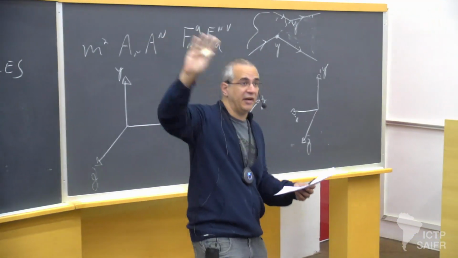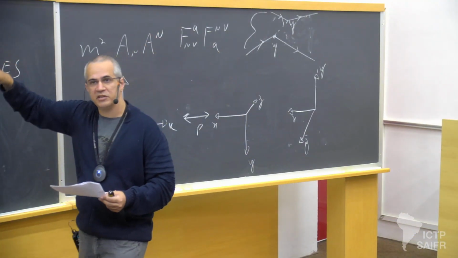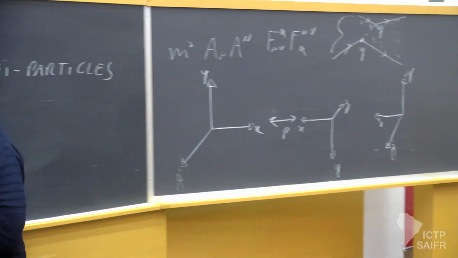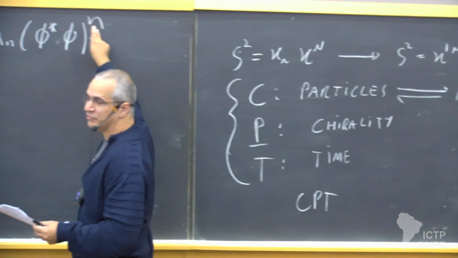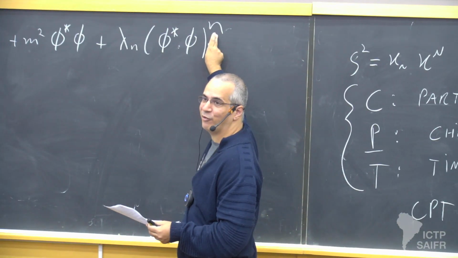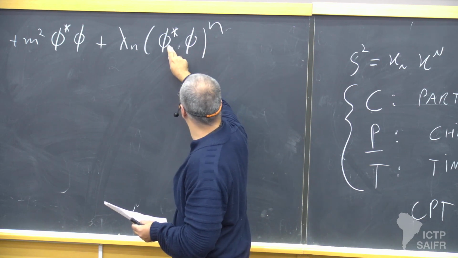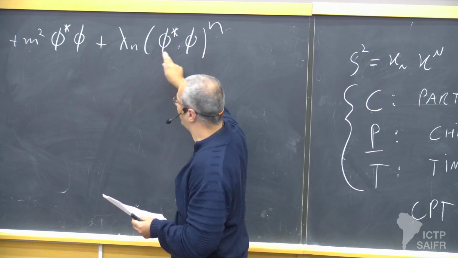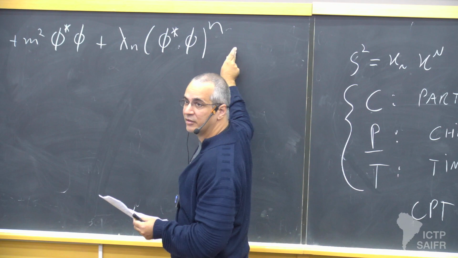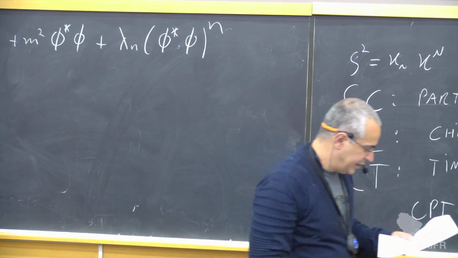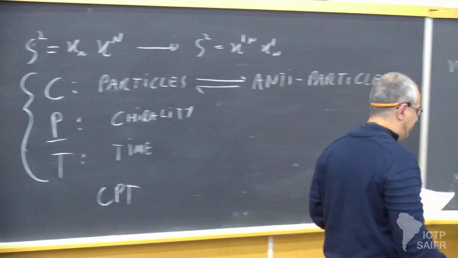But if I'm far away from there, all these interactions go to 0. And then the only one really allowed here is a factor of 2. It's the phi 4 again, but instead of phi to the 4th, I have phi star, phi star, phi, phi. So that's one theory that I could have.